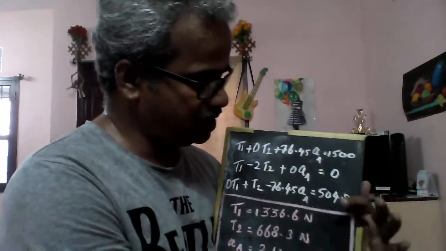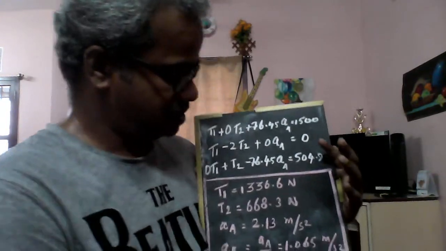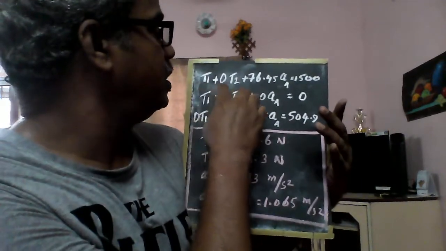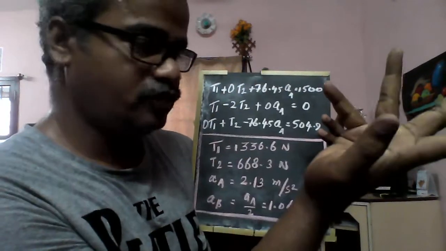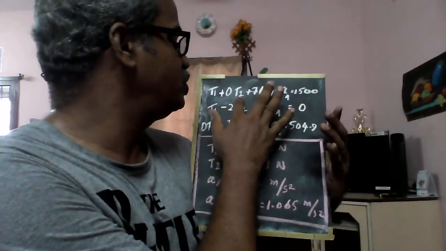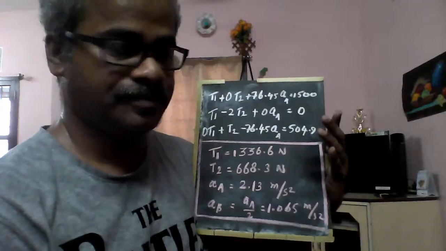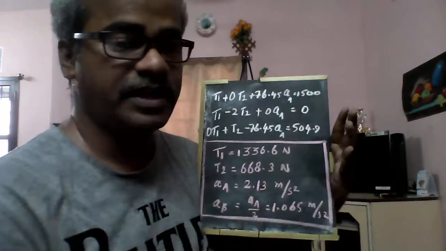So I have got three equations. You can see them here. The first equation is T1, and I don't have T2 in the first equation: 0 T2 plus 76.45 AA is equal to 1500.